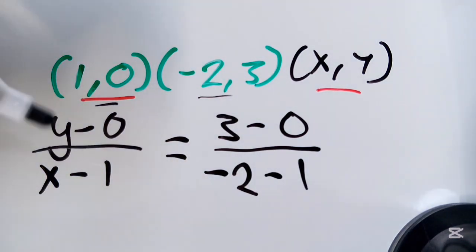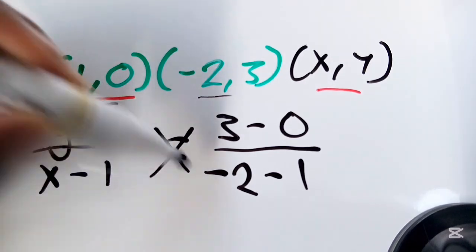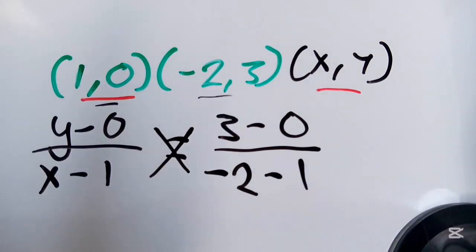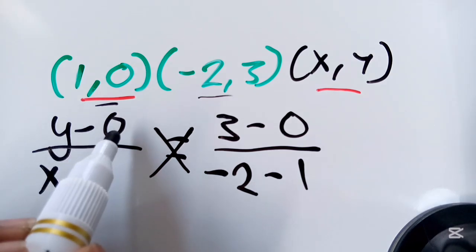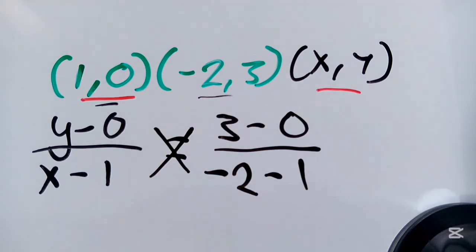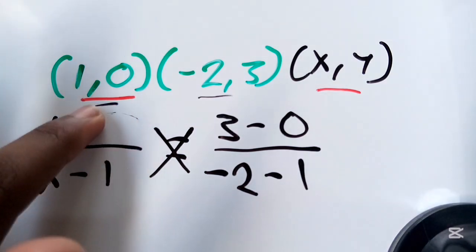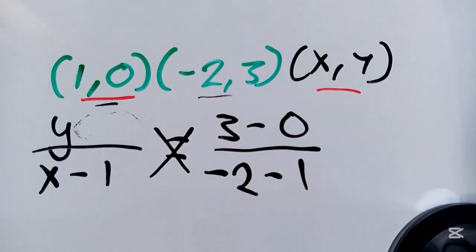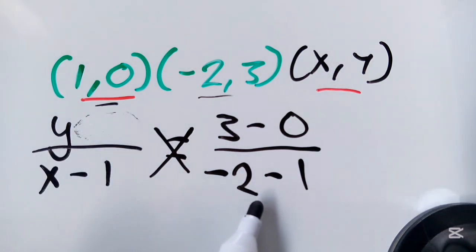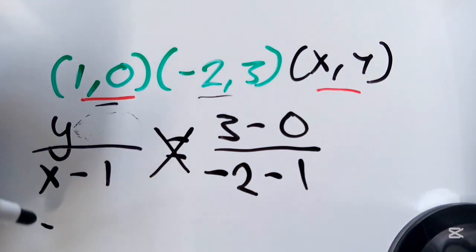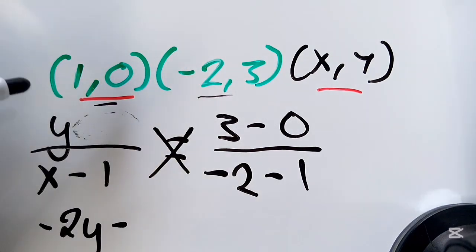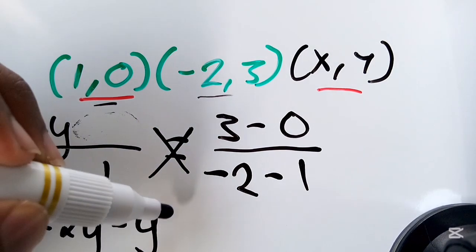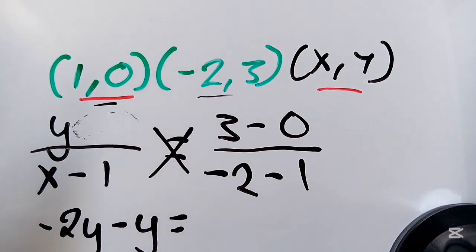After this, we just simply cross multiply. After cross multiplying, this top part, y minus 0, is obviously y, so we're going to remove the 0. Then we're going to say y times the bottom part, which is negative 2 minus 1, times negative 1 times y is negative y, is equal to the top part multiplied too.